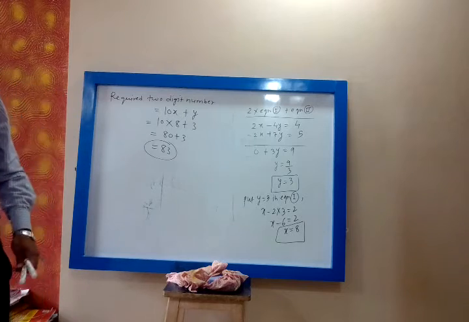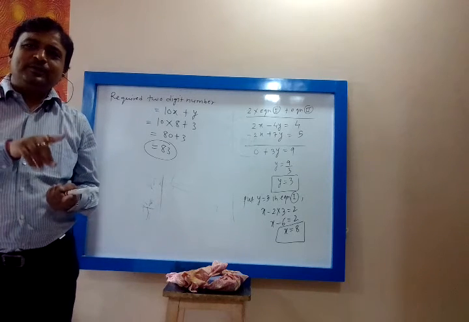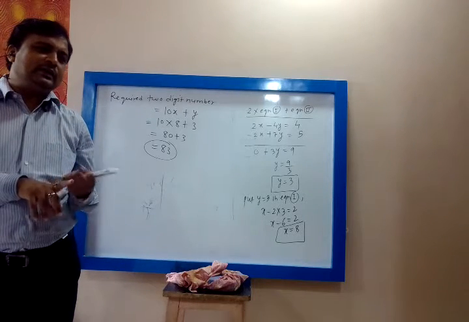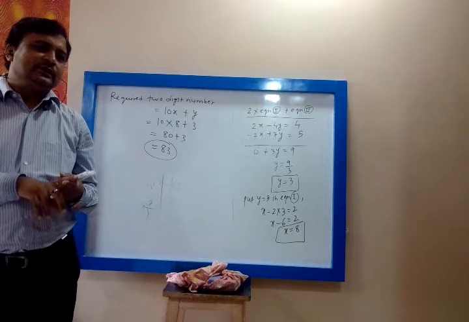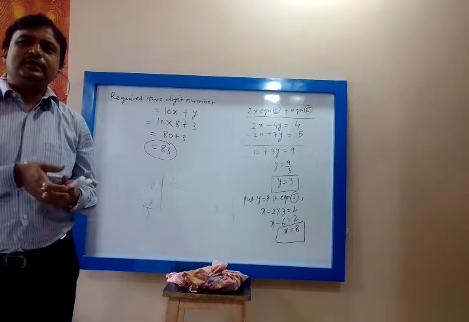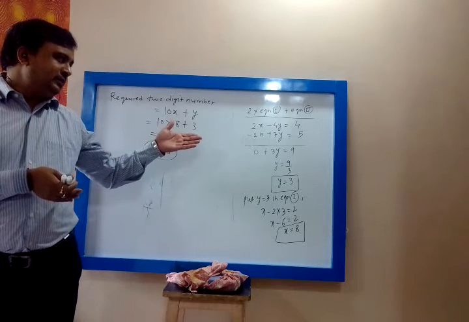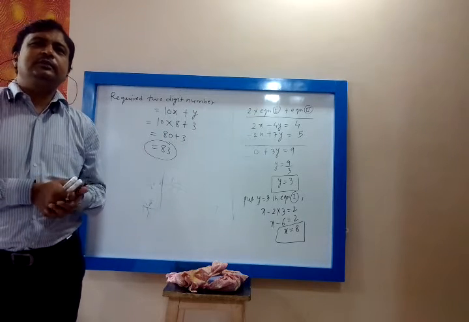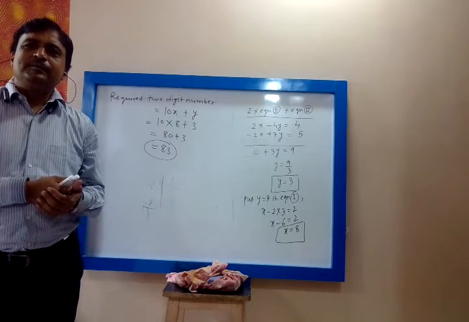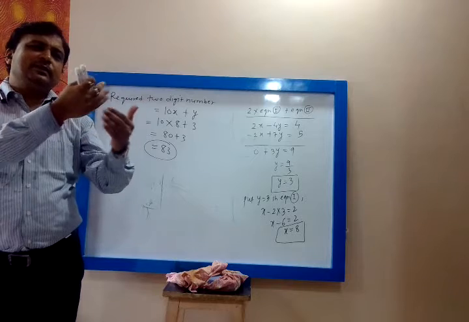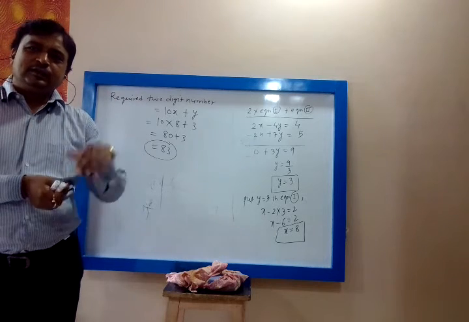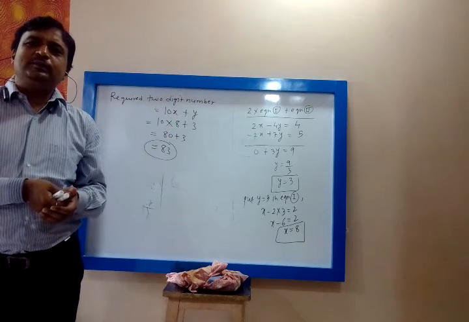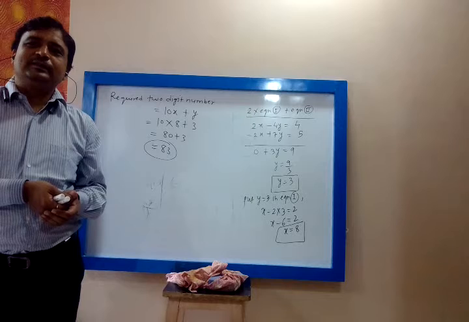Because see, 2 years back when I was teaching in 9th C class, that time the physical examination was there. This sum I had given. One question on reversing the digits I had given. Two students were sitting one behind the other. The first student took unit place as y, tens place as x.